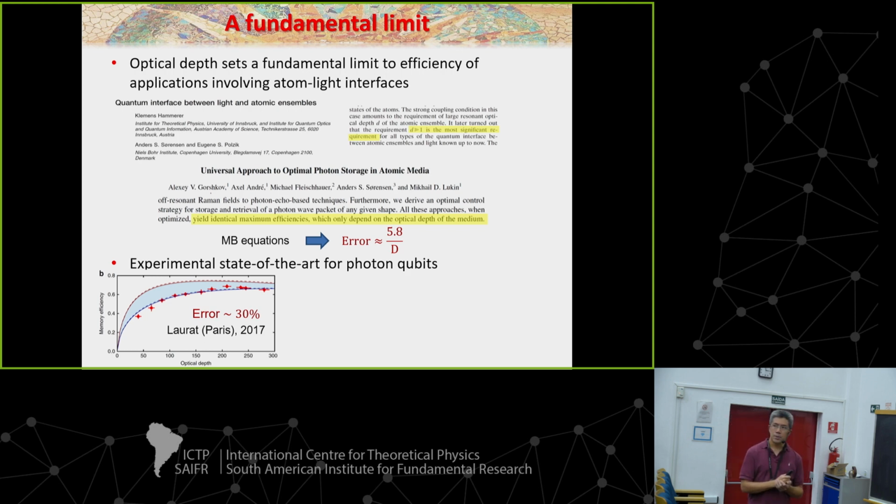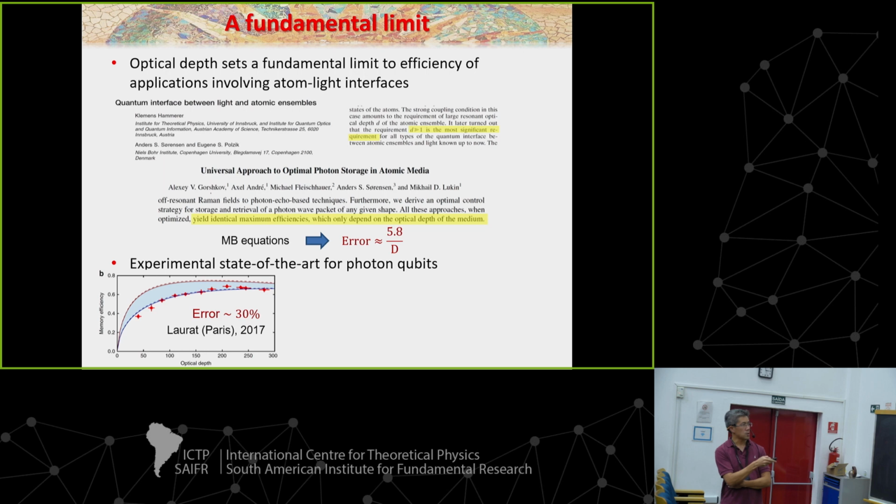So that's an abstract scaling, and now you can ask, well, what does that actually look like in an experiment? So here's a close to state-of-the-art quantum memory for photon qubits performed by Julien Laurat's group in Paris a few years ago. And what they're studying here is the memory efficiency on the vertical axis. So efficiency is just 1 minus the error as a function of optical depth.